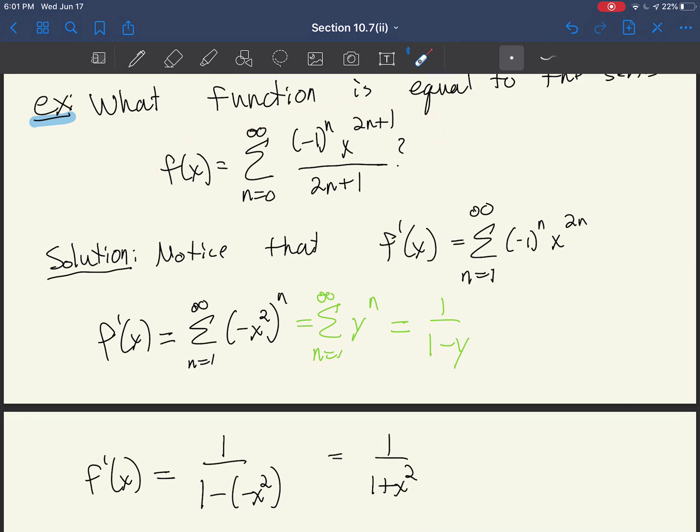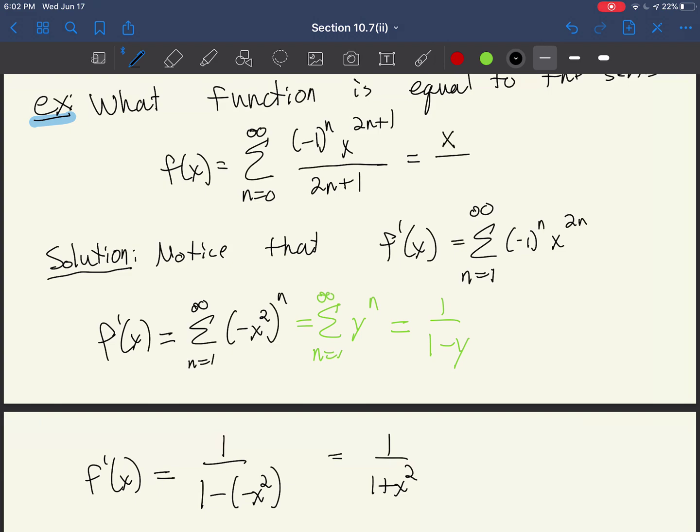Going back to what our function is, f of x equals this. If we evaluate this at 0, then we get 0, but then we have that n equals 0 term, which is going to be a 1. But when n equals 0, the first term is going to have a power of x, because we're taking all the odd powers of x.